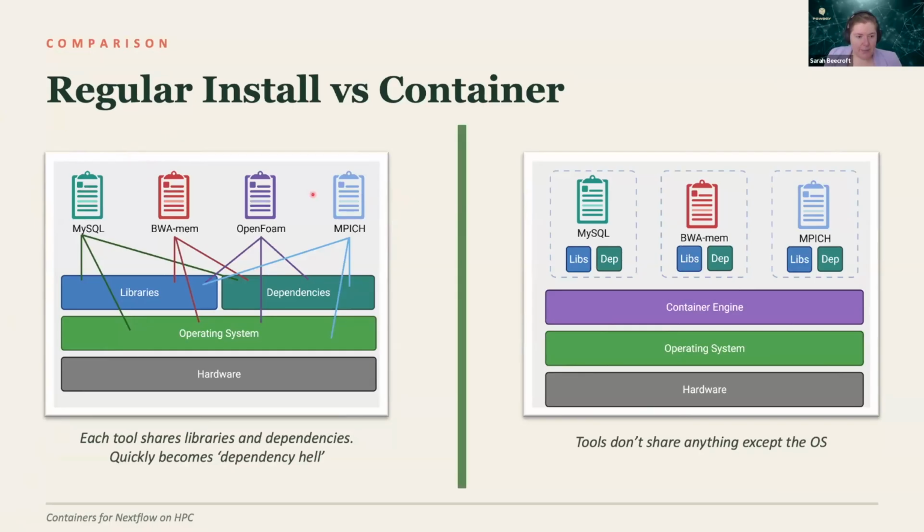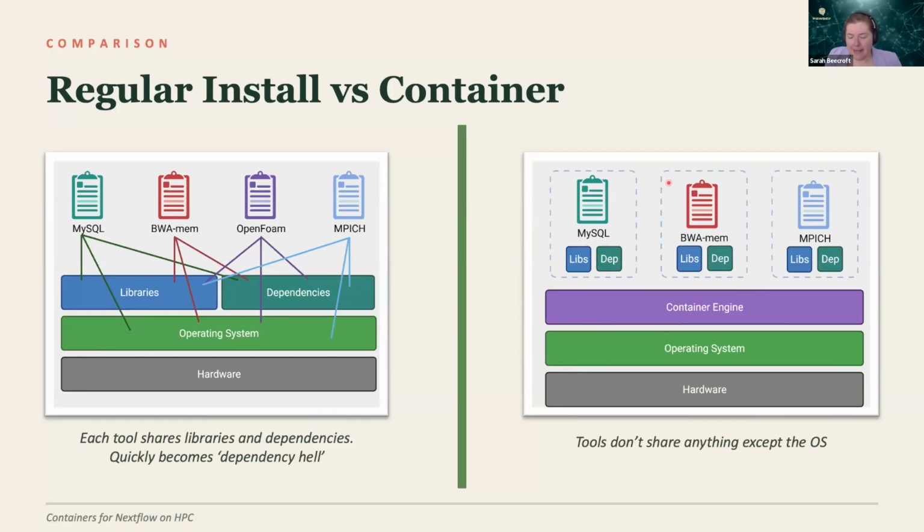Typically, if you're just installing them bare metal, straight onto the system, all of these tools will be sharing libraries and dependencies. And this can very quickly become dependency hell, because what if tool A needs a certain set of dependencies and tool B needs a different conflicting set? Well, then you're in trouble because you can't have both installed at the same time.